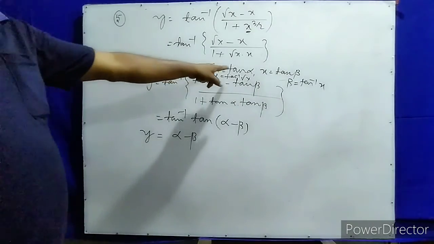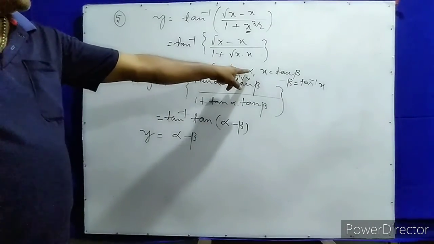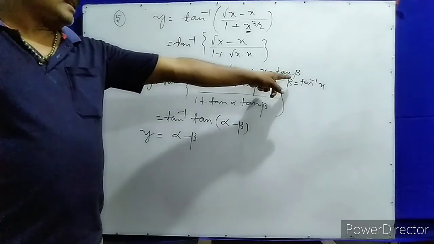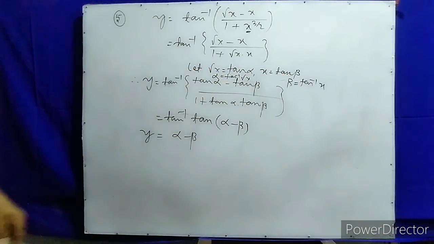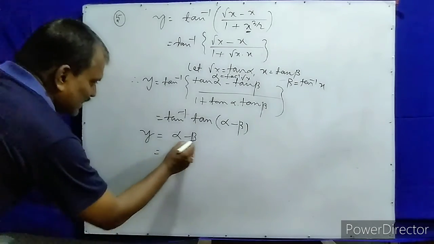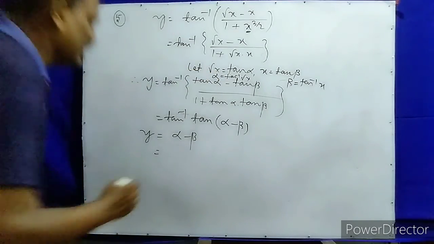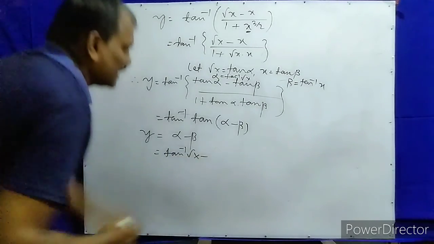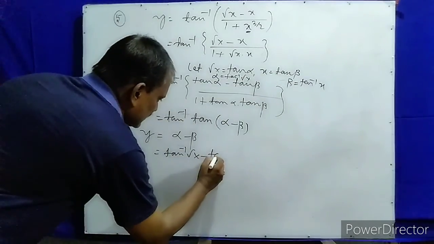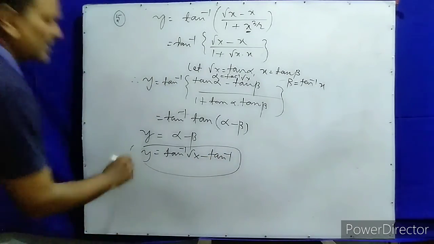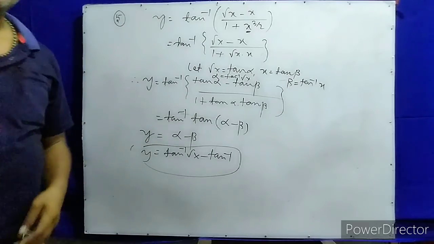So alpha equals tan inverse root x, and beta equals tan inverse x. This is the final answer, the simplified form.